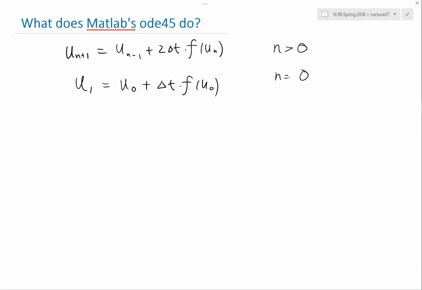So a natural question is, why don't we just use these two methods alternatively? Right? Why don't we just use one step of forward Euler, another step of midpoint rule, and another step of forward Euler, and another step of midpoint rule? So if we do that, what is the order of accuracy you would expect?